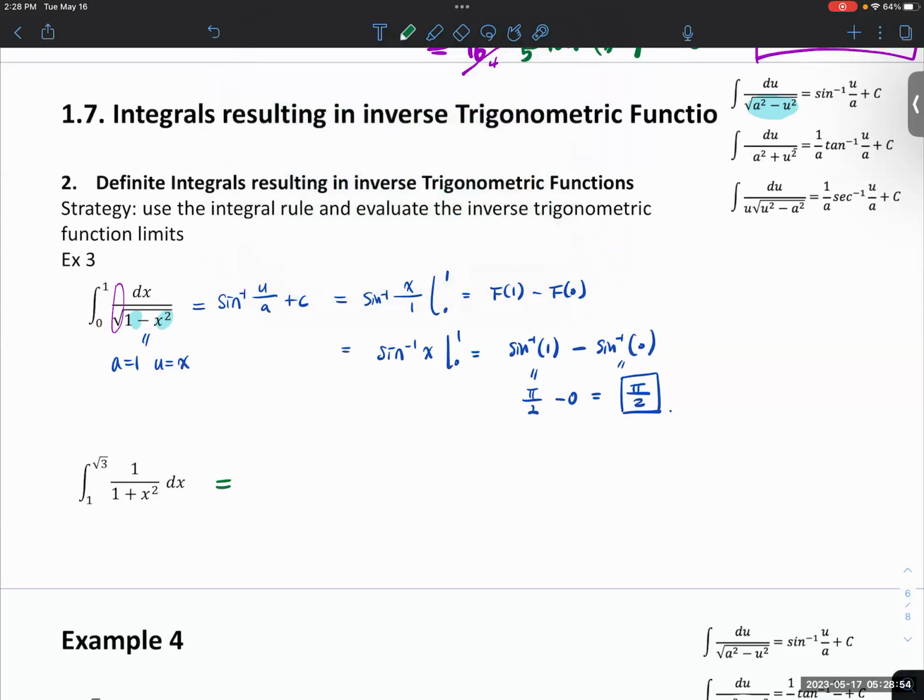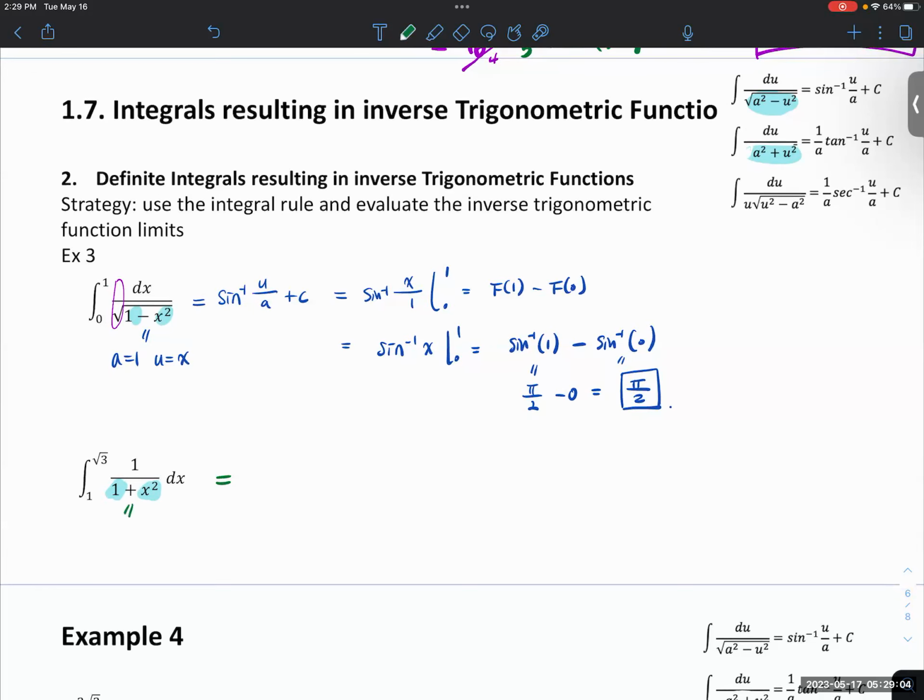So 1 plus x second power, what do you guys think? This is exactly matching with a squared, number squared, plus variable squared. So this one, I can see a is 1, u is x. So this one results in an inverse trigonometric function with the tangent. So 1 over a tangent inverse u over a plus c.